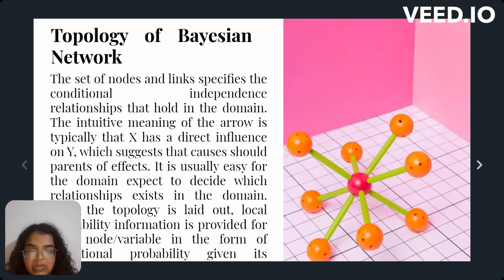It is usually easy for the domain expert to decide which relationships exist in the domain. Once the topology is laid out, local probability information is provided for each node or variable in the form of conditional probability given its parents.